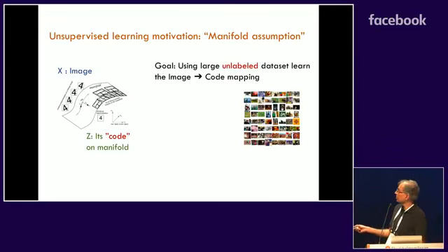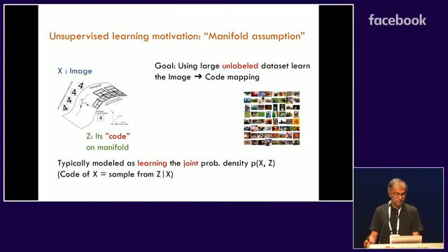And the goal is to use a large unlabeled data set to learn this manifold, this mapping from image to its code. So think of the code as a higher level representation. And so the hope is that you can learn this from unlabeled data, and so now you use much less labeled data, once you've learned this higher level code of the image.